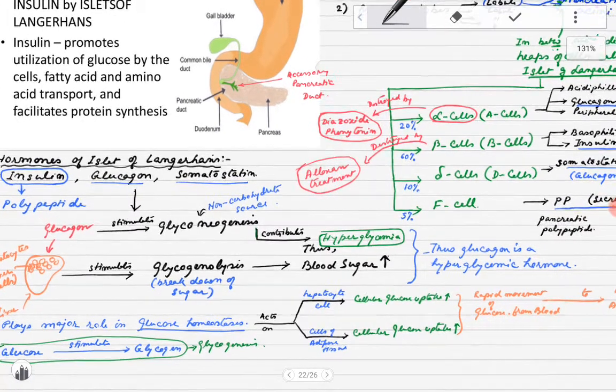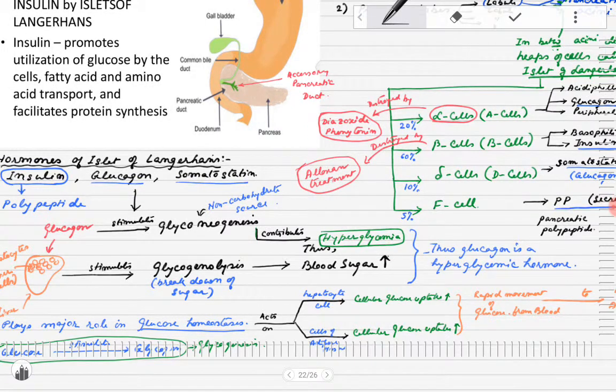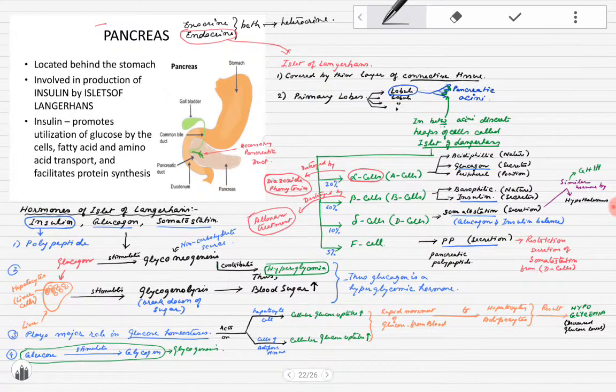This hormone acts on the adipose tissues to increase the cellular glucose uptake. Now, this is the rapid movement of glucose from blood to hepatocytes and adipocytes, which results in hypoglycemia, that is the decreased glucose level.